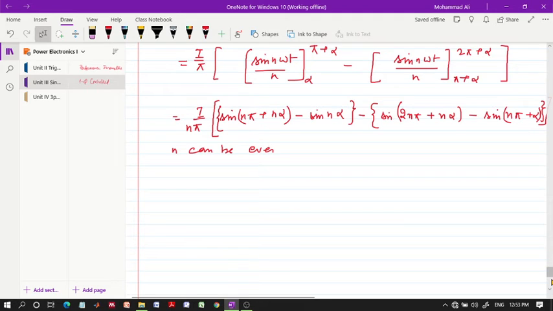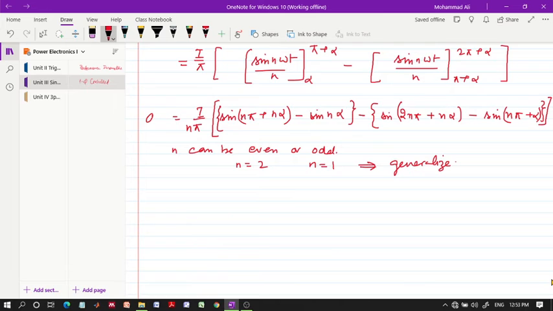We are going to analyze for n equal to 2 and n equal to 1, and correspondingly we will generalize. So this is an. For example, if we take a2, let us take the even case.